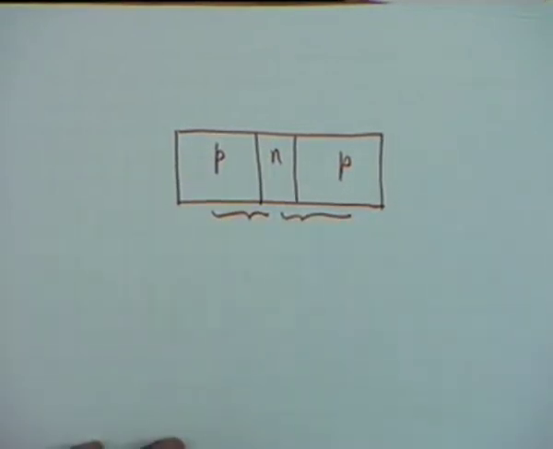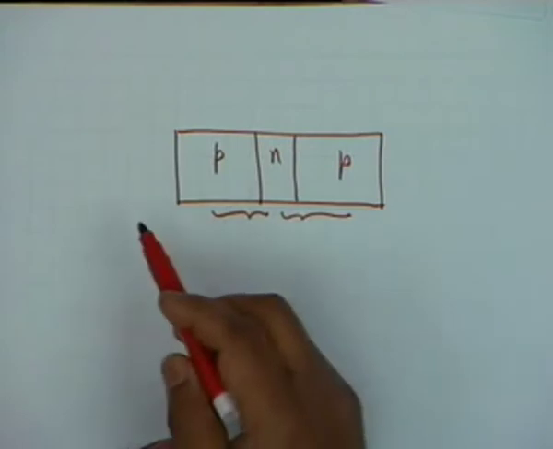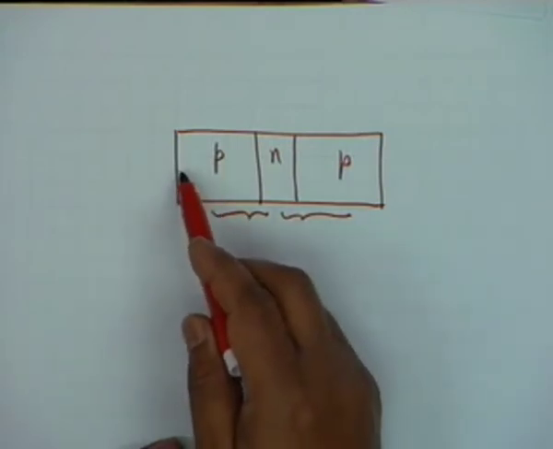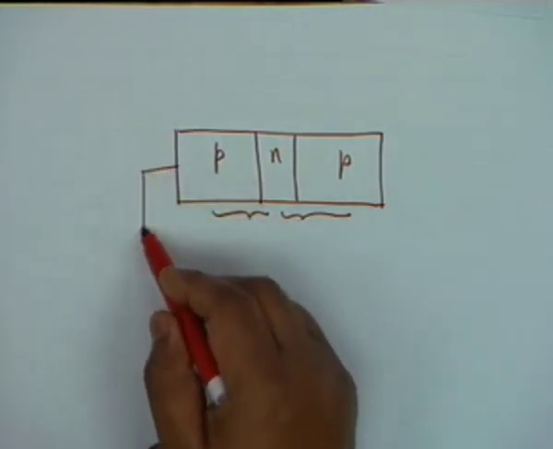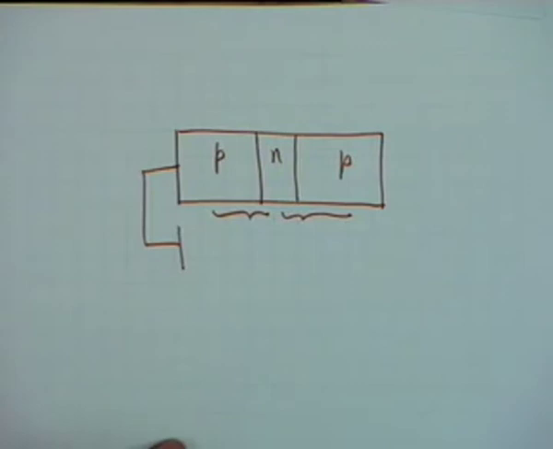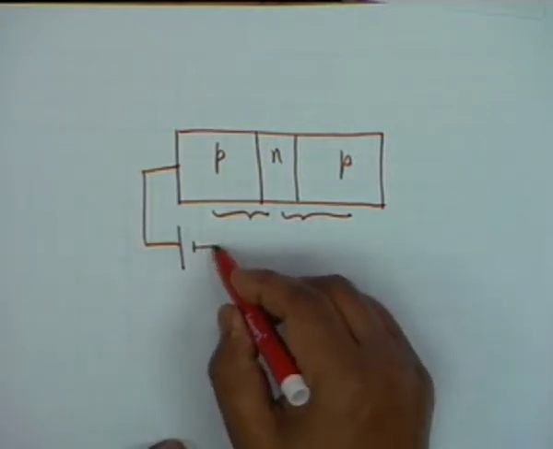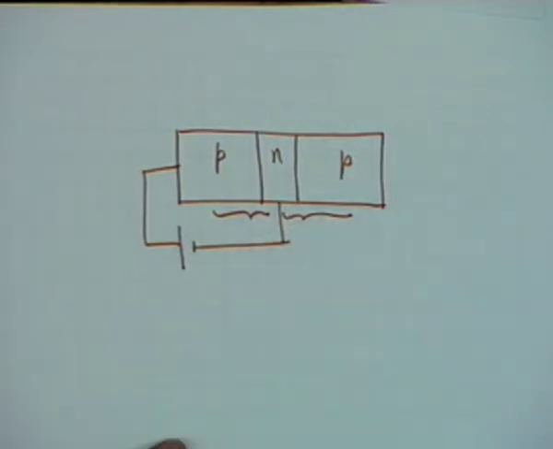Now you know that if this p-n junction is forward biased, that is, this is connected to a positive supply and this is connected to a negative supply, all right, then current will flow through the diode easily and this current can be a large current.